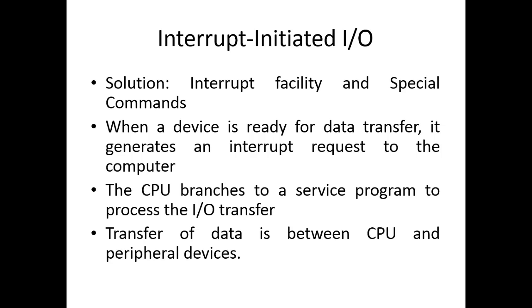So here also the intervention of CPU is necessary, but the CPU is not required to check the status of the attached I/O devices unnecessarily. The CPU can be interrupted by the peripheral device which is ready for communication, and that's why some of the clock cycles can be saved during which the CPU can perform its normal execution task.